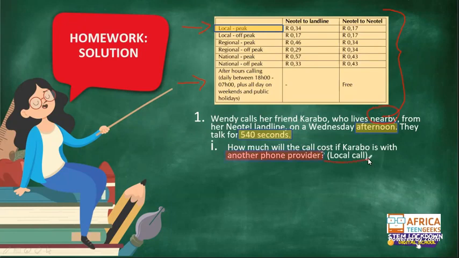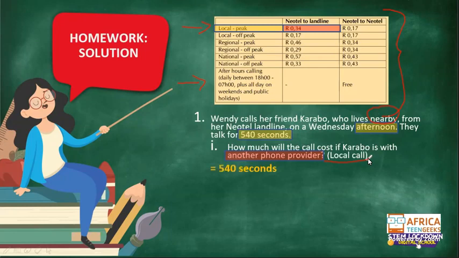And then now here is also another important point. How much will the call cost if Karabo is with another provider? We can see two columns. One column is Neotel to landline, and the other one is Neotel to Neotel. So we know that there is going to be a difference there as well.